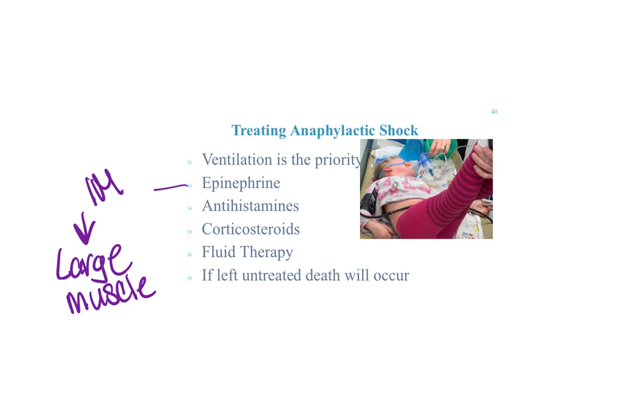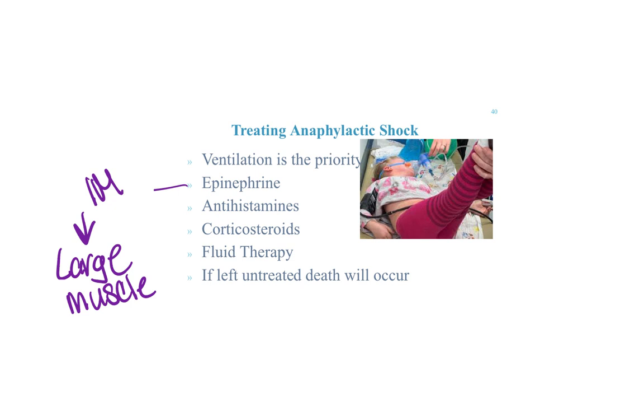Antihistamines, right? We want to help prevent any more inflammation mediators from continuing swelling. A continuous neb with a bronchodilator may be needed. That's not going to be our first thing we do. Remember, for the airway, we want to make sure it's patent first.